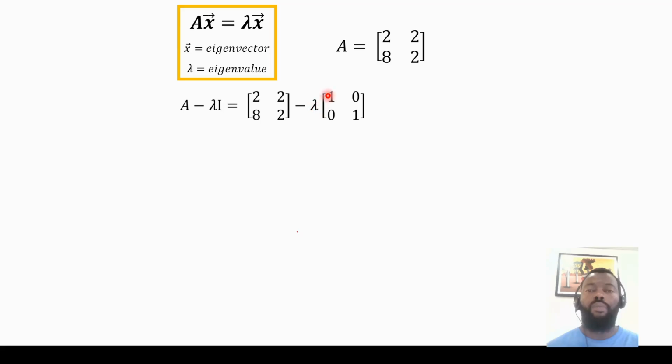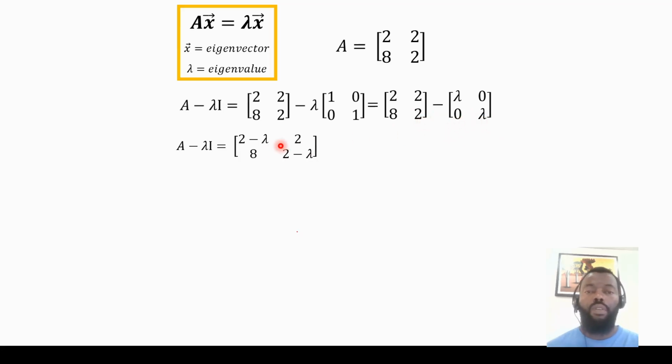So we'll end up having a lambda in the main diagonal, and the other entries will be 0. So here now we have the A matrix minus the matrix that results from this multiplication. So now we will have here 2 minus lambda, 8, 0, and 2 minus lambda.